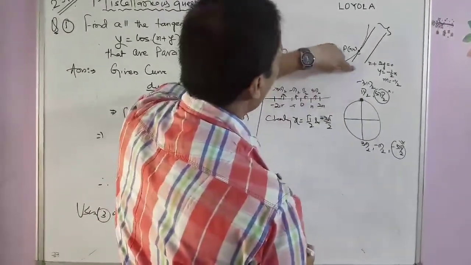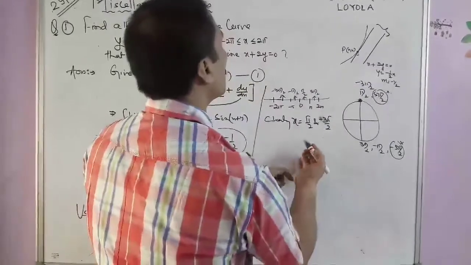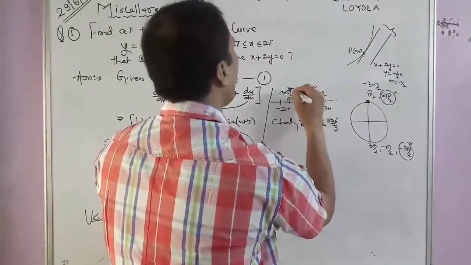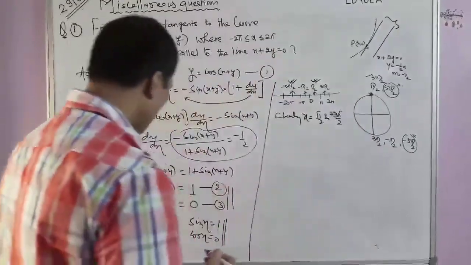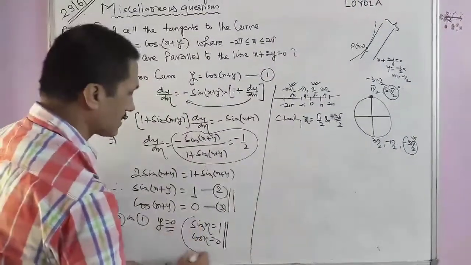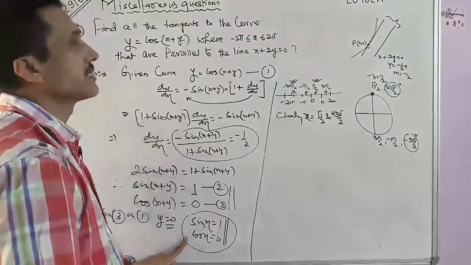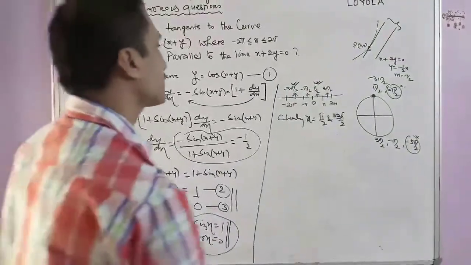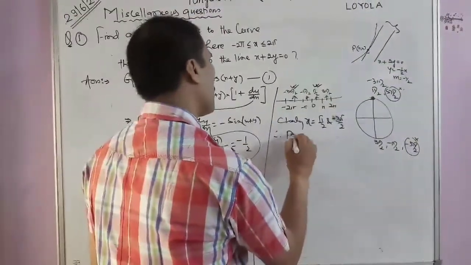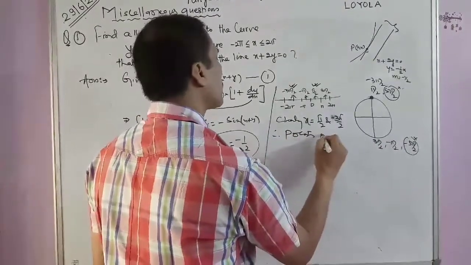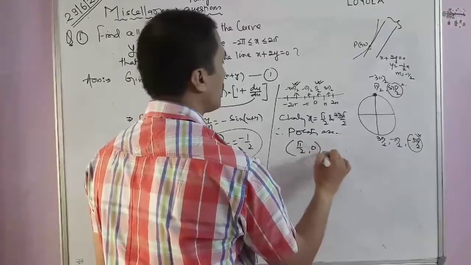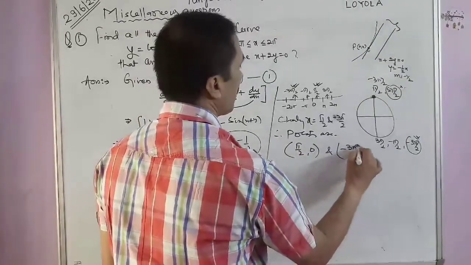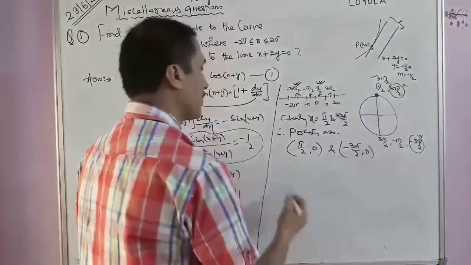Pi by 2 and minus 3 pi by 2 will be selected, for which these two equations are satisfied. Therefore, the points of contact are first (pi by 2, 0) and second (minus 3 pi by 2, 0).